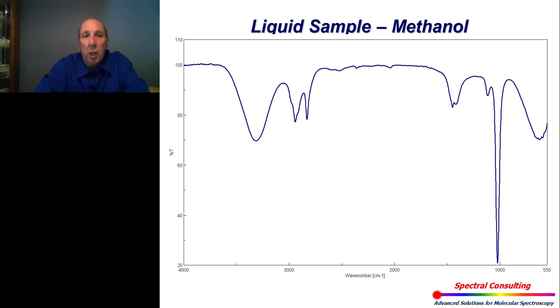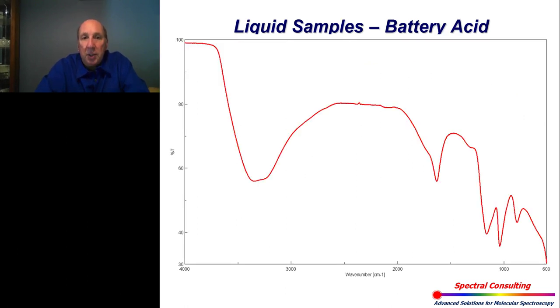Another example is battery acid. Now, you wouldn't do battery acid on a regular sample window or ATR crystal because it would just eat it alive. But we can do it with diamond because diamond is pretty much impervious to any kind of sample, even the extremely low pH of battery acid on the order of 1 or 1.5, which ordinarily would eat every window up in seconds.